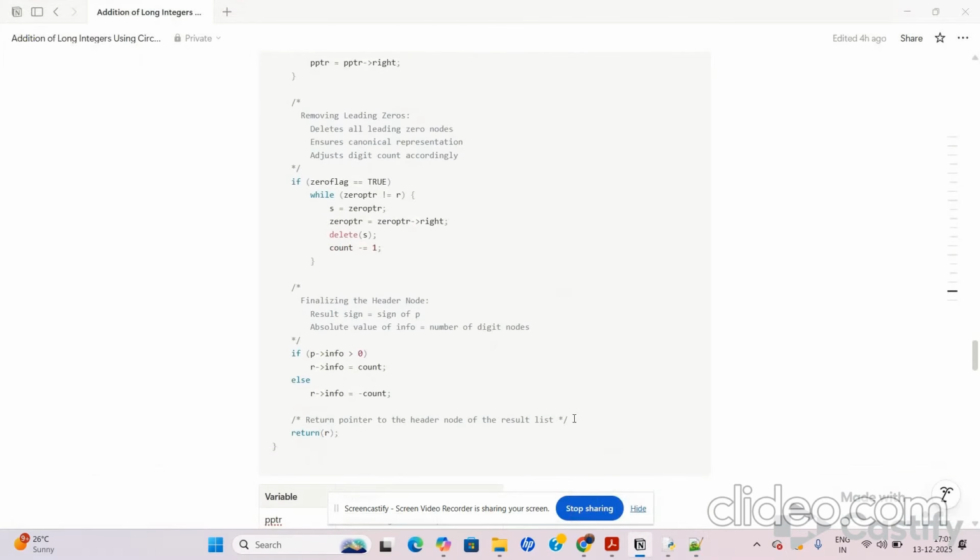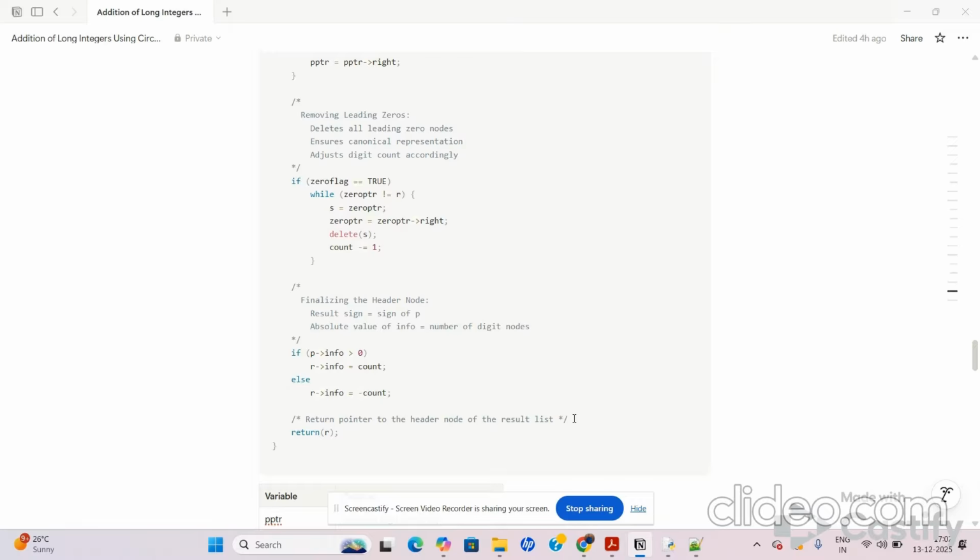And then finally, if you remember, we are creating new nodes in the resultant list, and we keep on adding the values, but the header node is still empty. So after all the nodes have been filled, the header node of the resultant list has to be updated. If you remember, the sign of the result is the same as the sign of the larger list, correct?